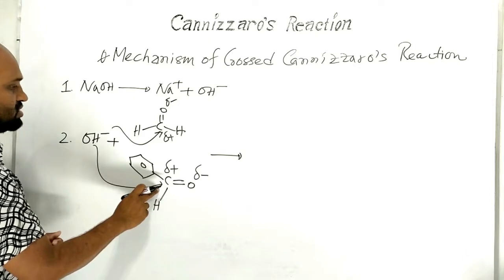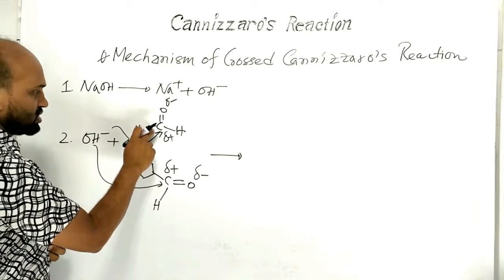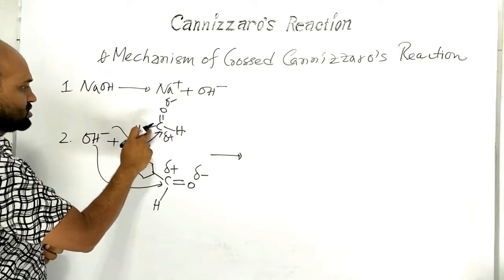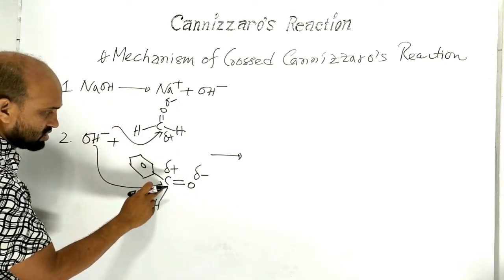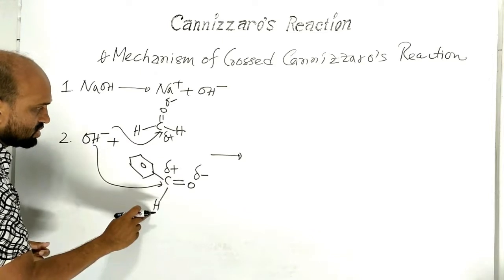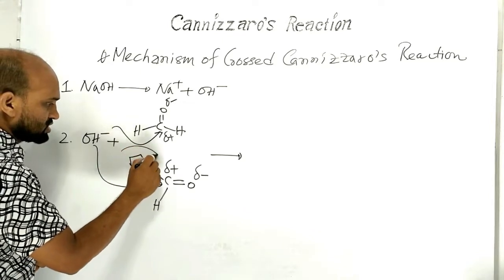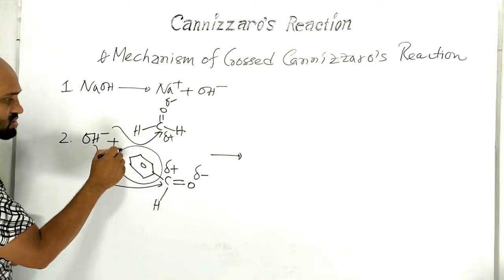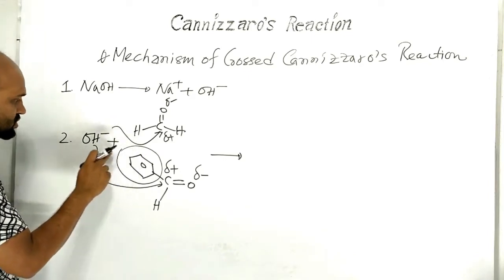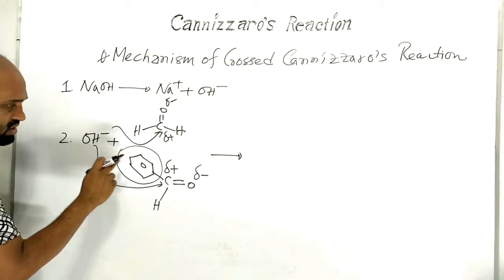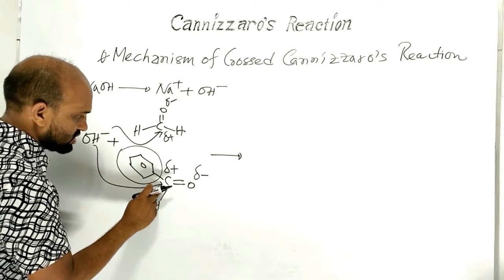Here we see this carbon is linked up with two hydrogen atoms, but this carbon is linked up with one hydrogen atom and another one is a big group which is phenyl group. Because of the presence of big group, this hydroxide ion cannot attack this carbon easily.